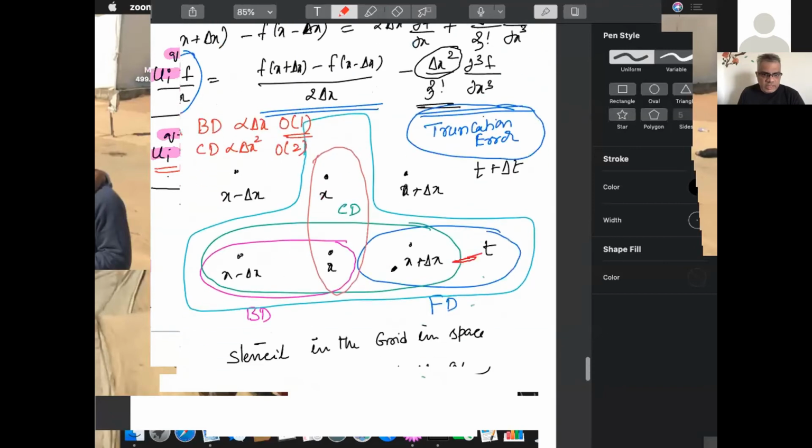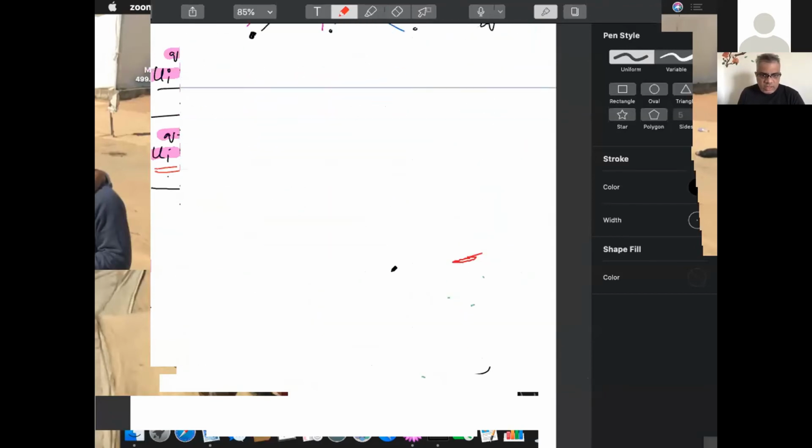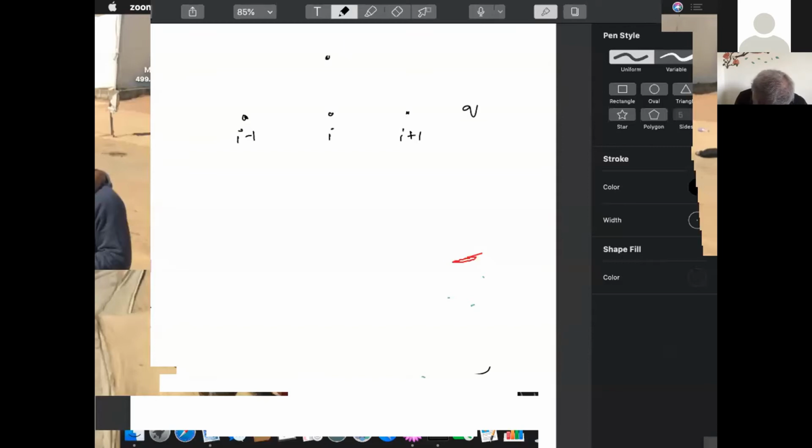Now if you look at the stencil, let me draw the stencil again here. I have my grid points at i minus 1, i and i plus 1 at the level q. I have grid points here at i plus 1 and i minus 1. So instead of taking my spatial derivatives at q, I'll take my spatial derivatives at q plus 1.